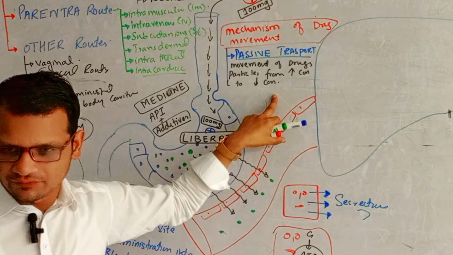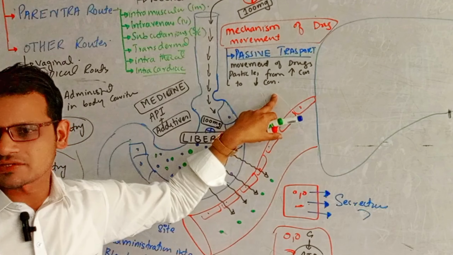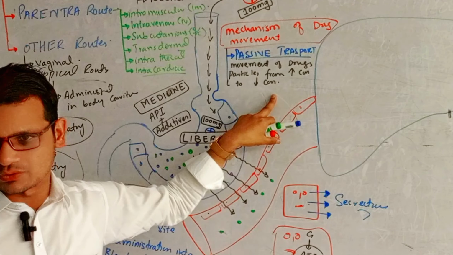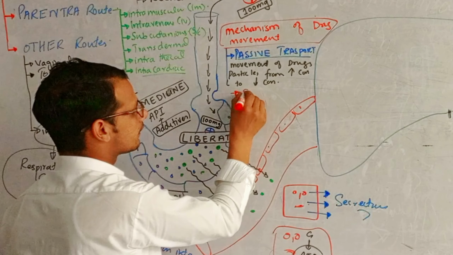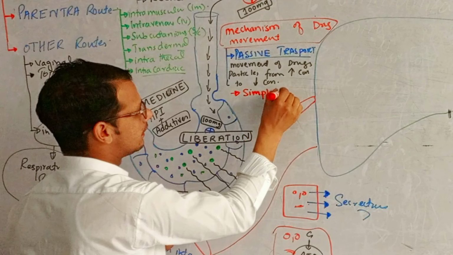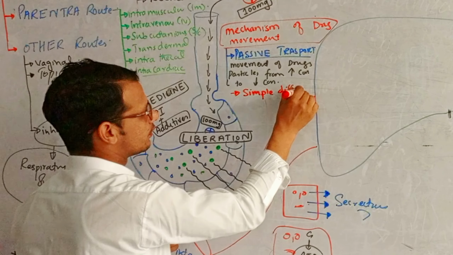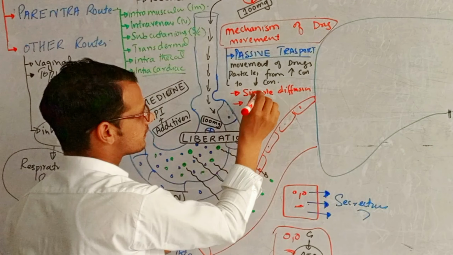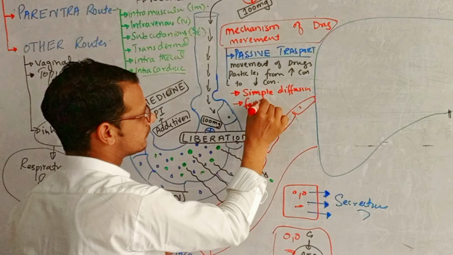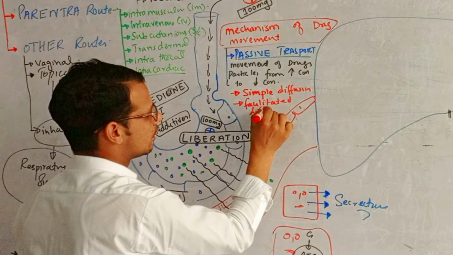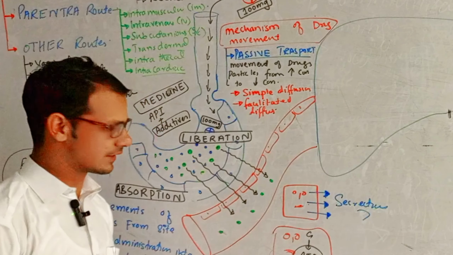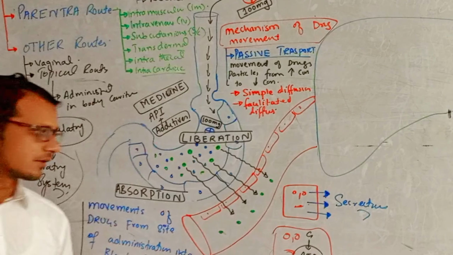One is simple diffusion, passive diffusion, and the second is facilitated diffusion, right? What is the difference between facilitated and simple diffusion?